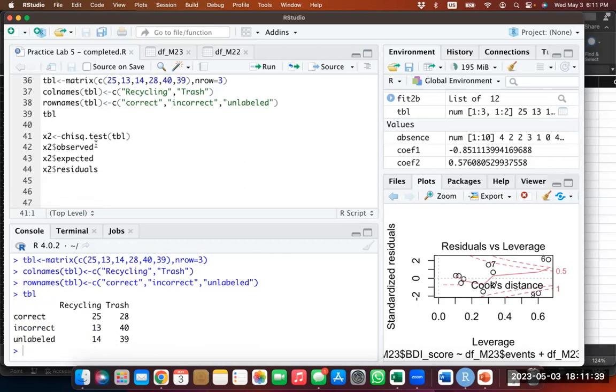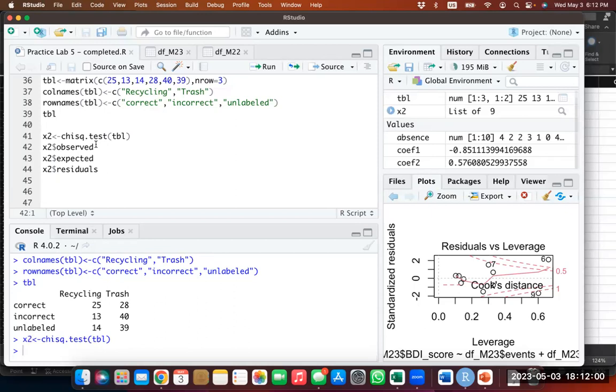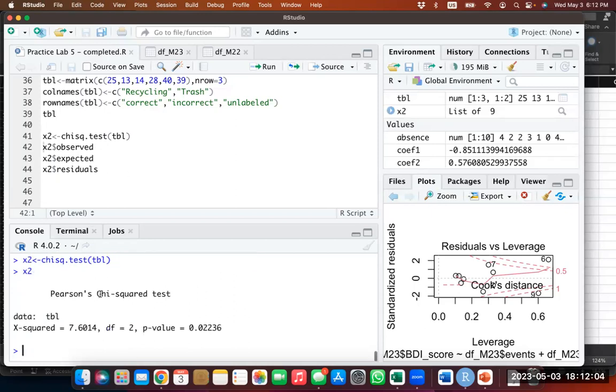What we're doing next is we're running a chi-square test against our data. This is done with the function chi-square test. We use the table. Always keep in mind, columns are the dependent variable. Columns are your outcome. Rows are your independent variable, as per interpretation. So if you run now a chi-square, and you put x2 in the console, this gives you now exactly that association that we have quantified in our Excel example.